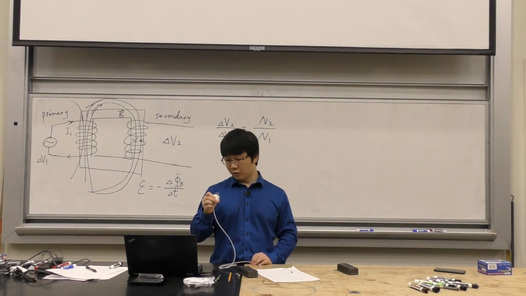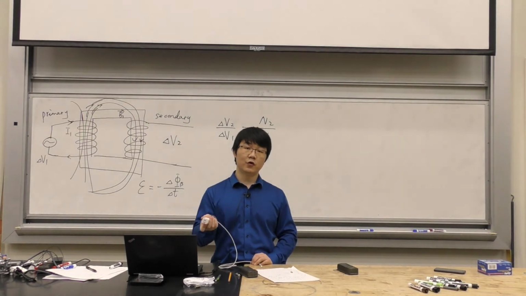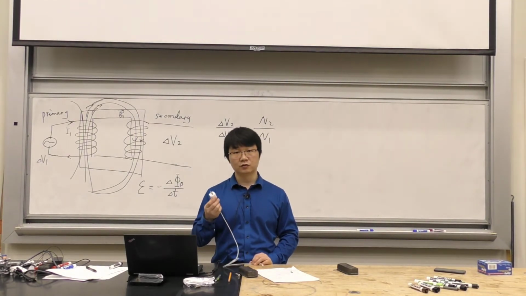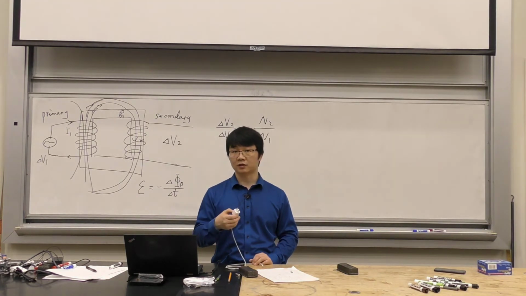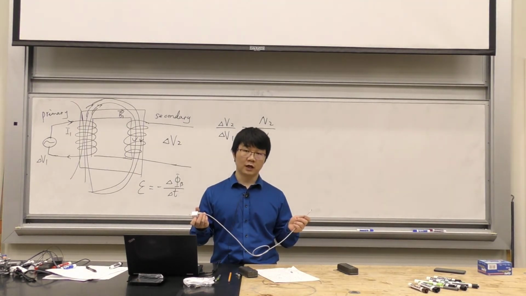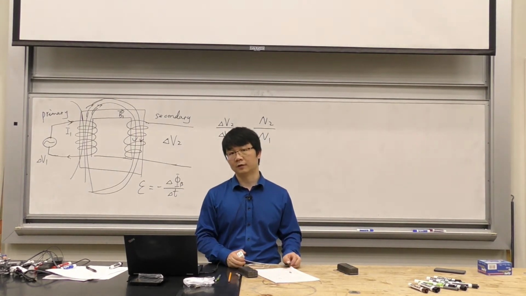So the input voltage is actually from 100 volts to 240 volts, okay? So it can take a voltage from 100 to 240. So that means, okay, this is good. You can use it in the US, you can also use it in China, okay? But the output is 5 volts. So what does that mean? That means if you connect this to your iPhone, the voltage that goes to your iPhone is 5 volts, okay?